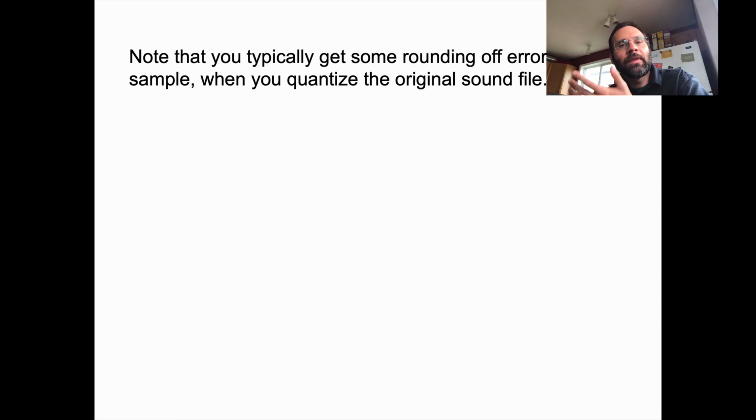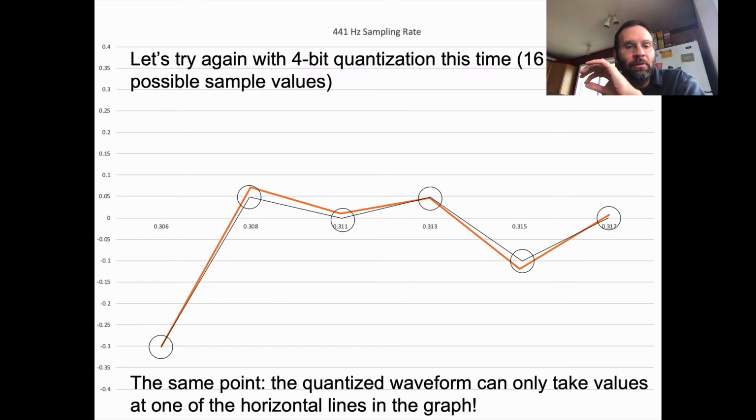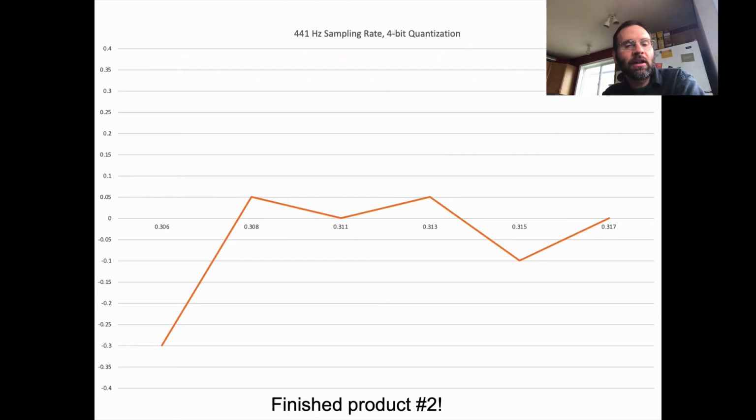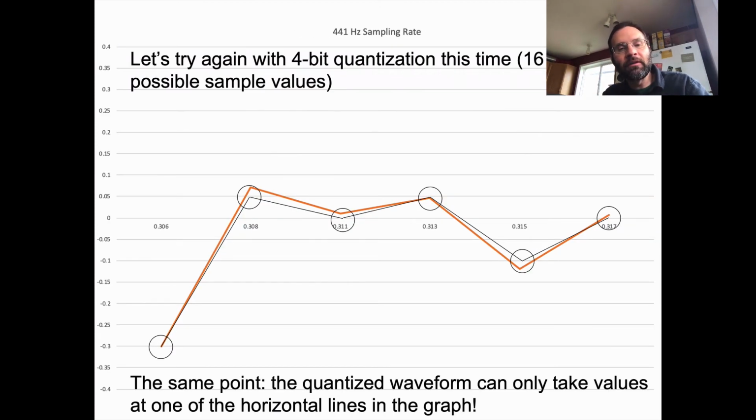Note that when you do this, you're normally going to get some rounding off error for each sample. It's not going to be exactly right on top of it. Maybe in some rare cases it will be, but that's the exception rather than the rule. There's a little bit of gap between these two lines.